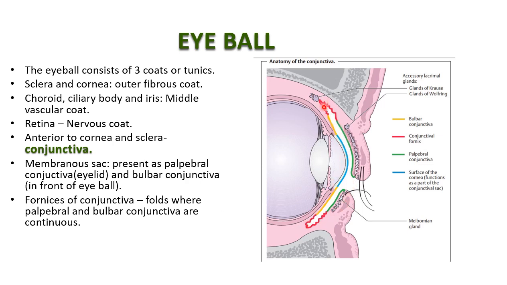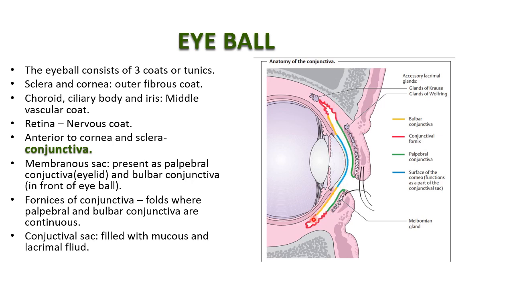Certain cells, like goblet cells, are present and secrete mucus, so the conjunctival sac is filled with mucus, and the lacrimal glands secrete the lacrimal fluid.